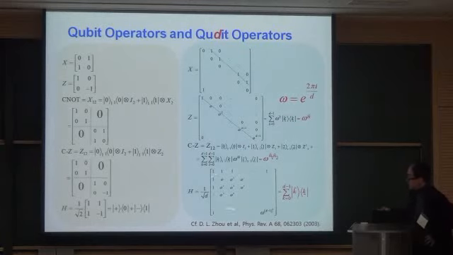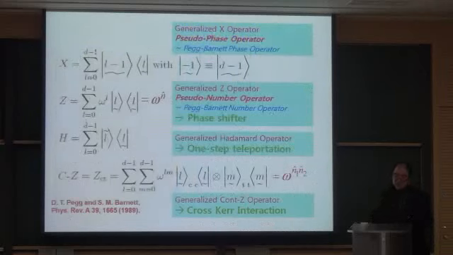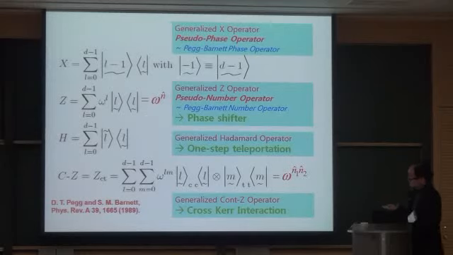And this Hadamard is nothing but a discrete Fourier transform, which changes from the tilde basis to the other tilde basis. These are physically very meaningful ideas, but they may be rather irrelevant to you mathematicians.